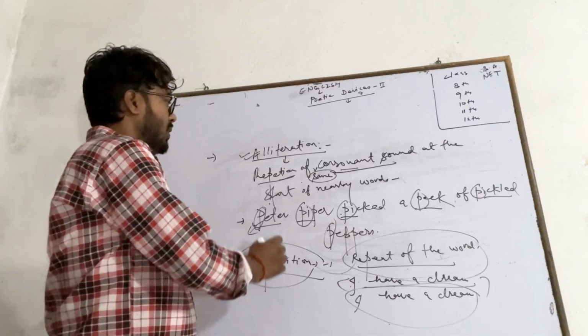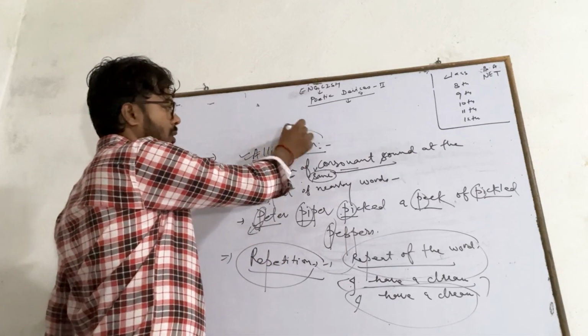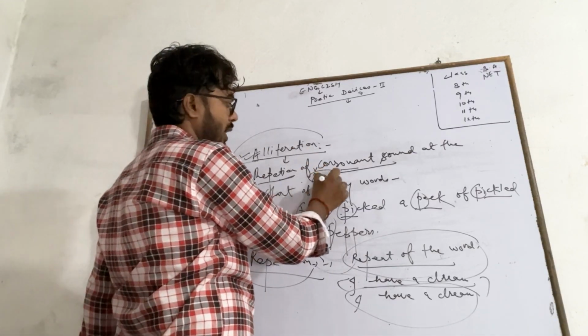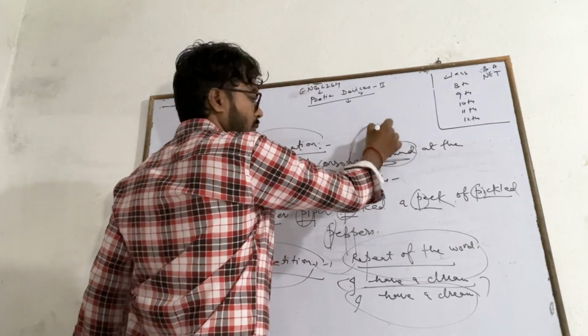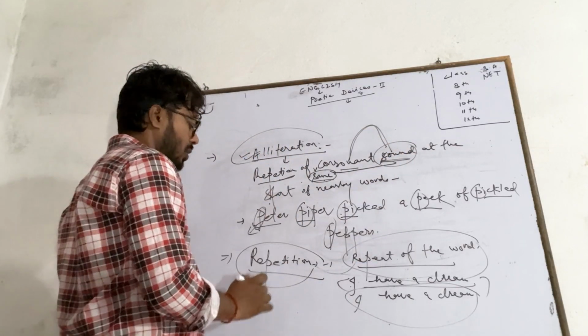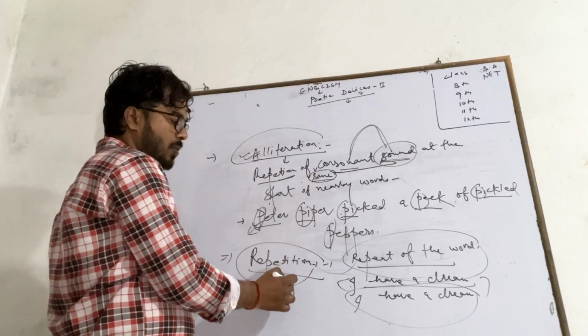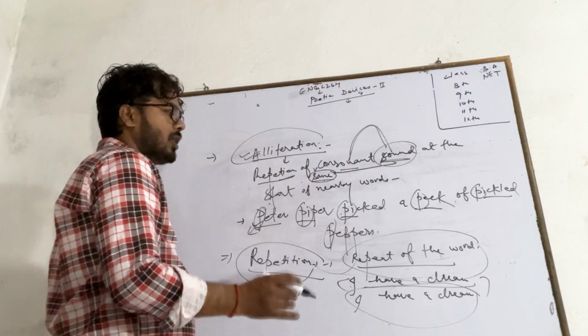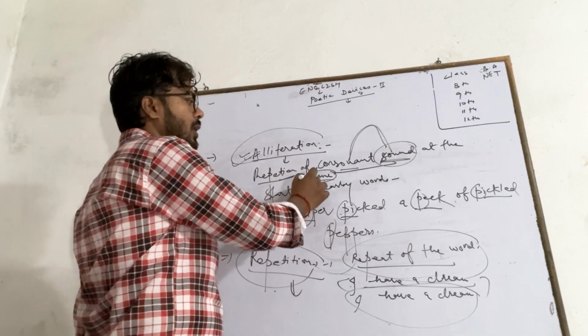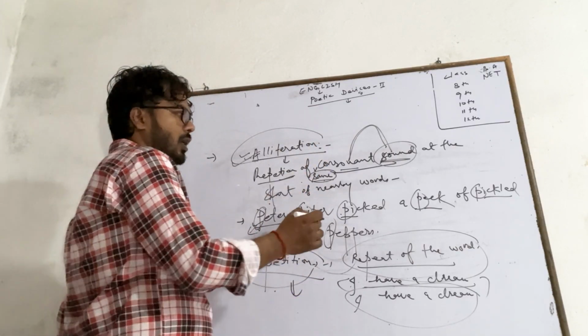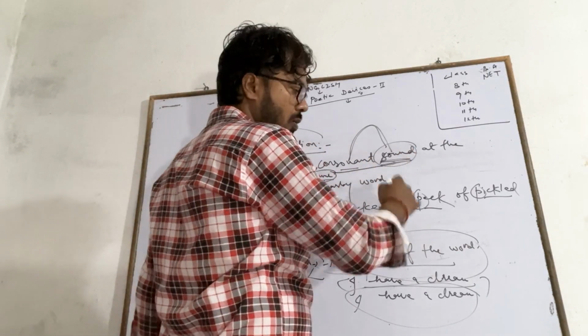What is the basic difference between alliteration and repetition? In alliteration, there is repetition of the same consonant sound, but in repetition there is repetition of words. Here it is all about consonant sound.